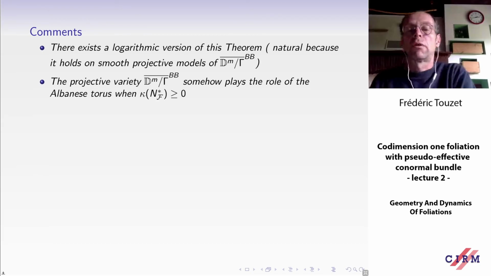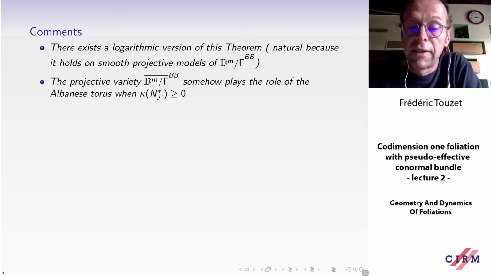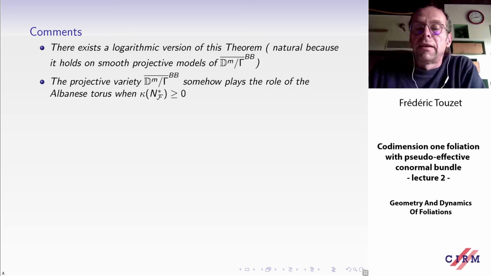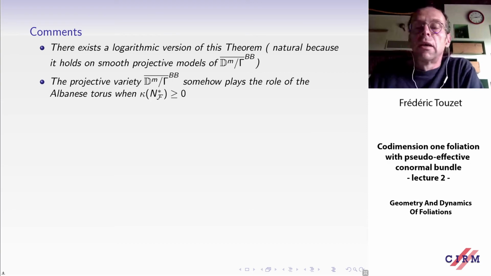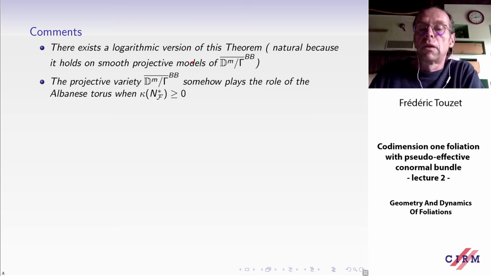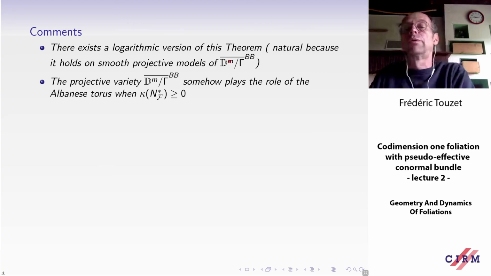And I have also some additional observations. So I evoked logarithmic versions of the theorem. It exists, and I will not develop this aspect further. But in this setting, it is quite natural to take the Baily-Borel compactifications. For instance, foliations with logarithmic pseudo-effective conormal bundle arise naturally when considering a smooth projective model of the Baily-Borel compactification, so-called toroidal compactifications.